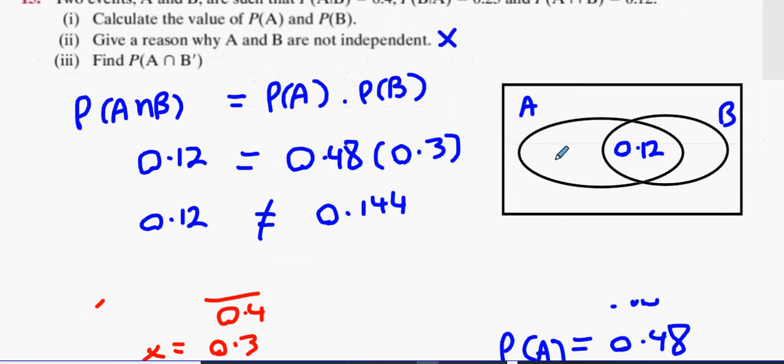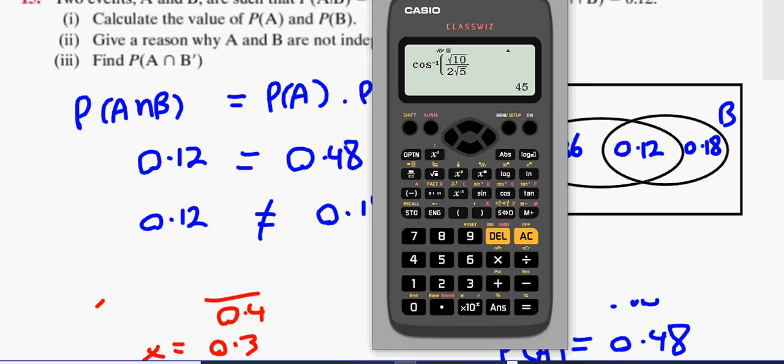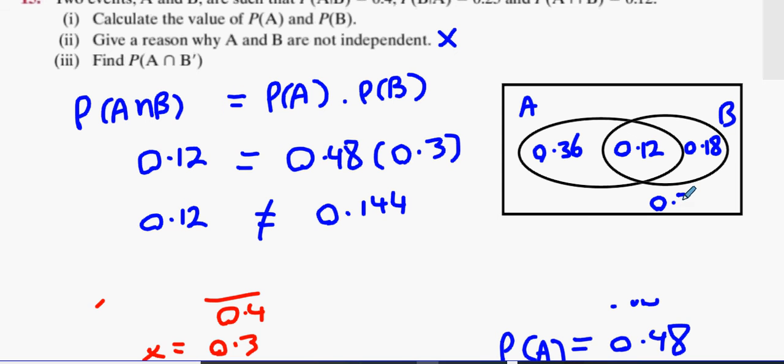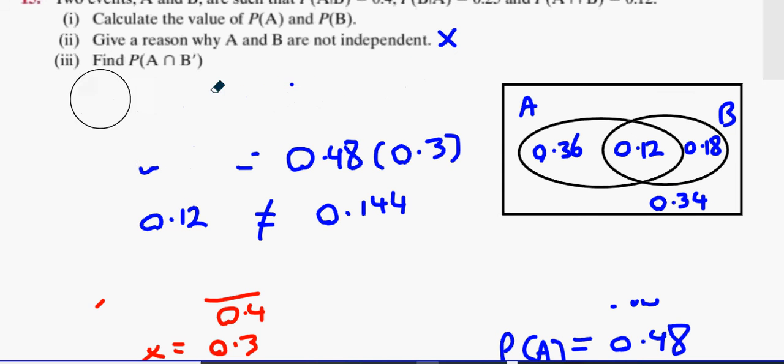So what would that make that? 0.36. B is 0.3, so that would make that 0.18. And then add them all up and take them away from 1. 0.34 on the outside.